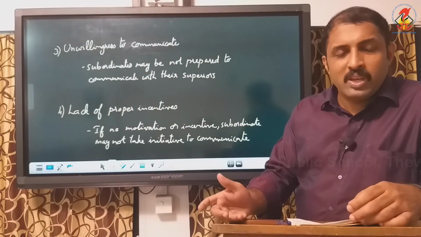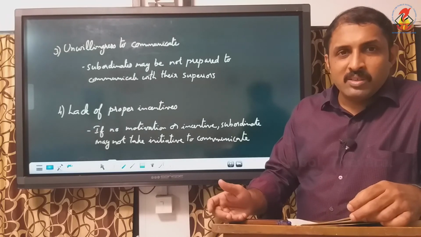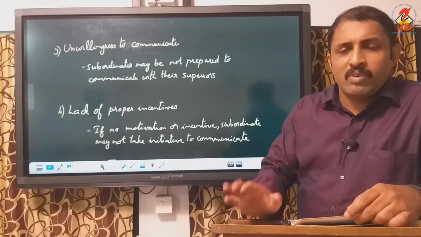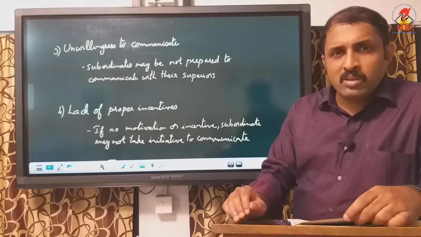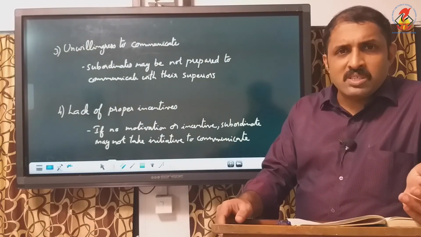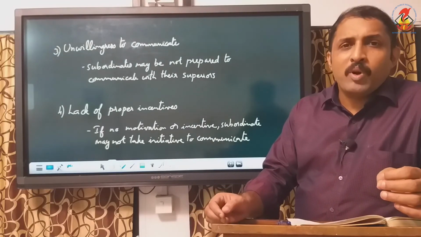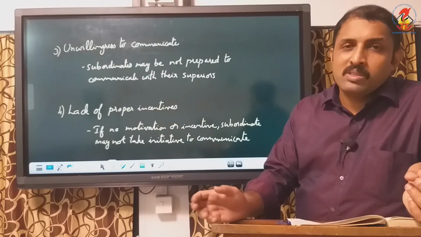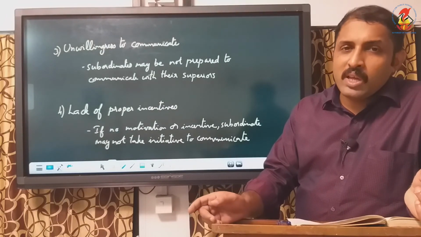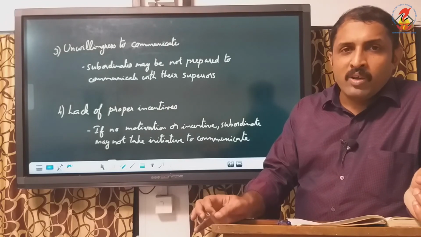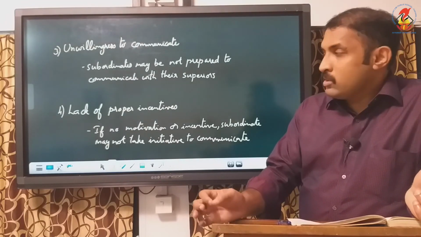It can be of any factor, any matter. If the person is unwilling to communicate, whether superior or subordinate, for multifarious reasons, again that can create a problem. That is also a personal problem: unwillingness, not prepared or not willing to communicate.